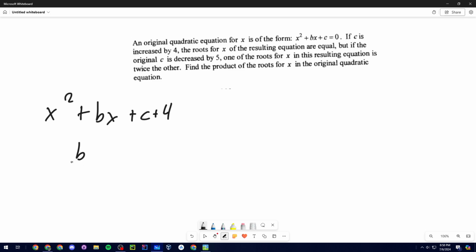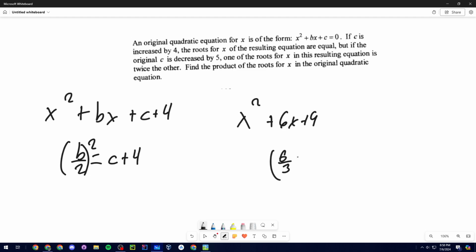Something cool is that b over 2 squared is equal to c plus 4. Why is that true? Because that's just a perfect square. Like any perfect square where the roots are equal, like x squared plus 6x plus 9, 6 over 2 squared is equal to 9, right? That's just the perfect square. So that's why the roots are equal.